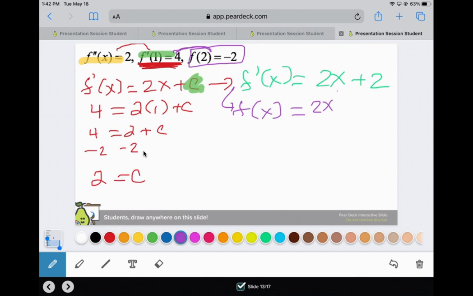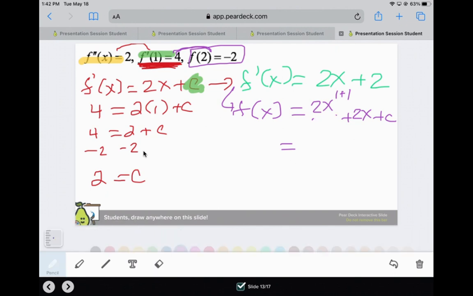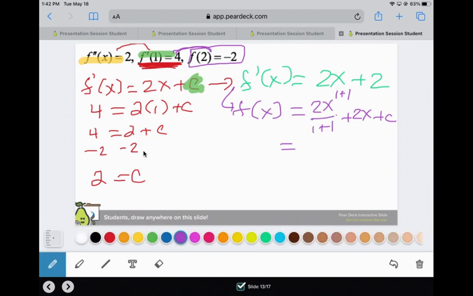So 2x, 1 plus 1 over 2. This turned into 2x plus c. So the 2 will go in here, 1 plus 1, right? So I have 2x squared over 2 plus 2x plus c. So the 2 will cancel out.